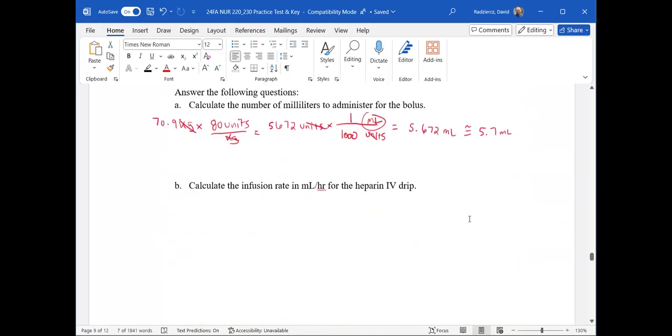So same patient, same weight, 70.9 kilograms. Now I'm going to multiply by that 18 units per kilogram per hour. We're getting rid of kilograms.